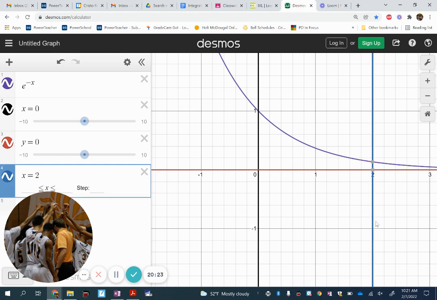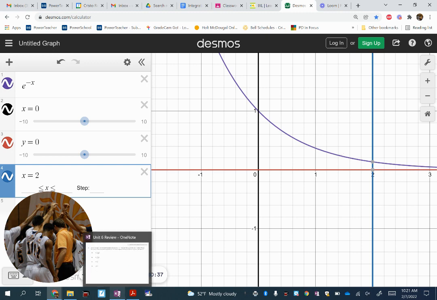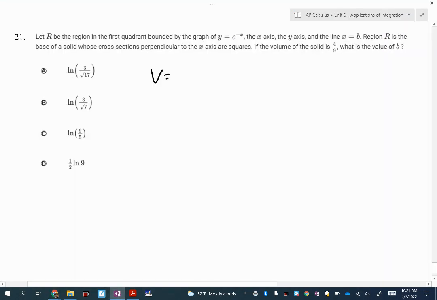Again, I don't know what the answer is, but if you visualize it, this is what I'm saying when we rotate it around the x-axis. So to find this volume, I'm going to do the volume is equal to the integral from 0 to b.